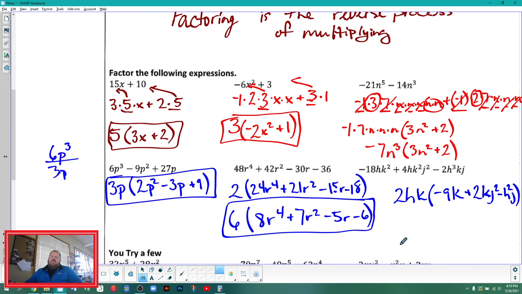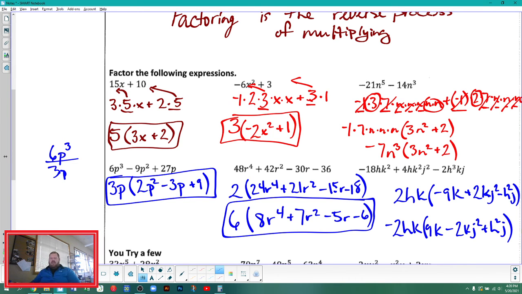Now, I do want to throw one other possibility out there. If you don't like all the negatives in this part of the problem, you could take out, even though it's not common to all of them, a negative 2 HK, and then you'd have positive 9K minus, I need to switch this sign, minus 2K J squared, and plus H squared J. So taking out that negative just switches the signs of all the other ones.